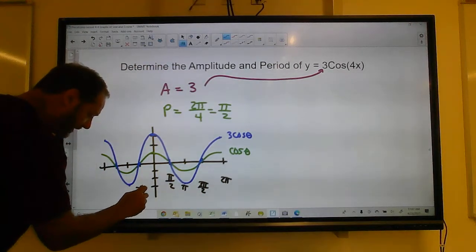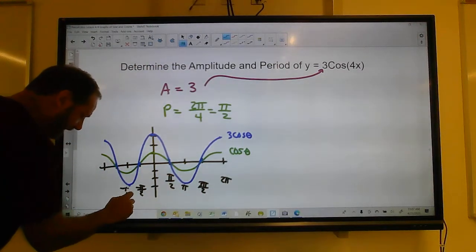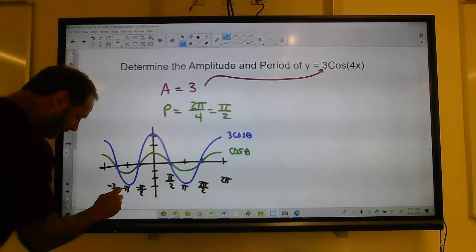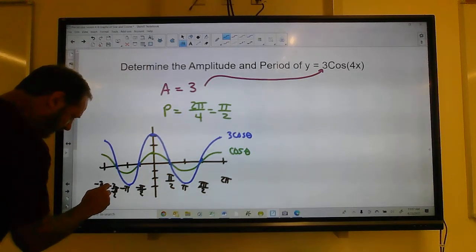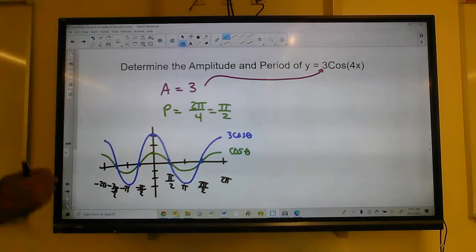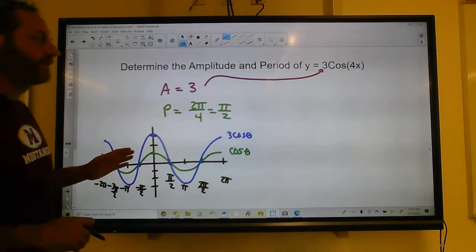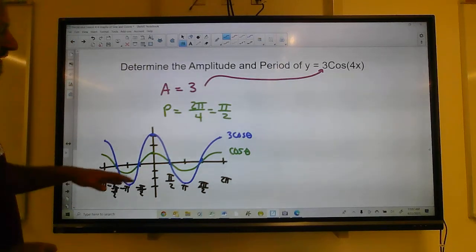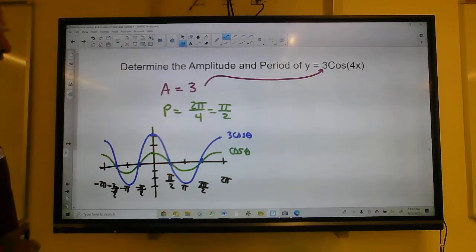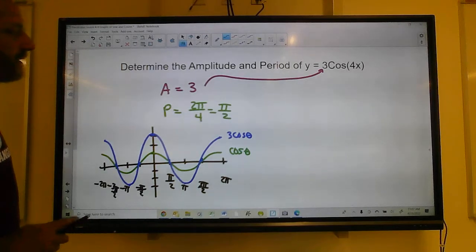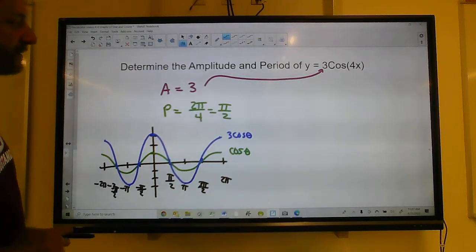Negative pi over 2 here, negative pi, negative 3 pi over 2, and negative 2 pi. If I want to change the graph for the period, I don't want to redraw this graph, even though if the period's pi over 2, it's really not that difficult. But there's an easier way to do this.